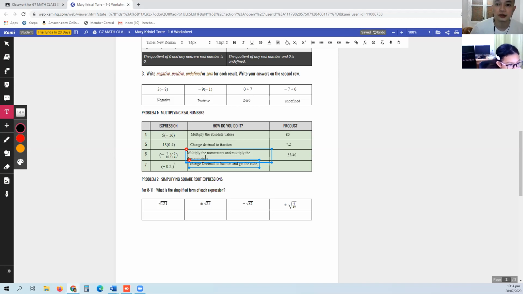C-U-B-I-C. Cubic, yeah, I-C. Cubic value. All right, that's it. Now your answer should be 0.008. Let's see if it's correct. Wait. 0.2 times 0.2 times 0.2 is 0.008. Correct. Okay. That's it. Now let's have the last part.